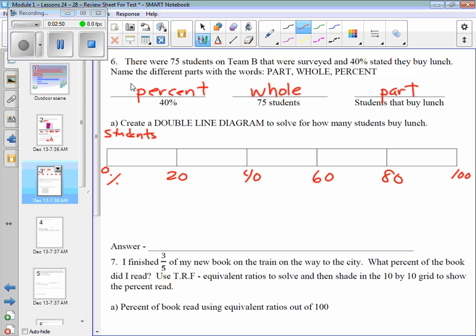Now we know that there's a total of how many students? 75. So that's going to go here. And now you've got to figure it out in your head. 0 to 75. Well, how do you divide 75 equally into 5 lines? What do you have to count by? Right.